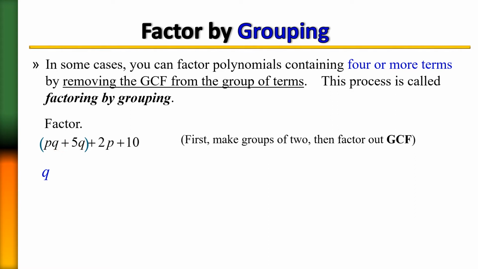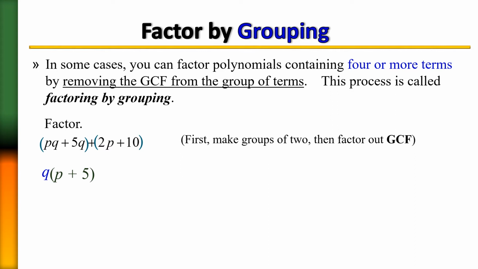And recall, when you write it, it's the GCF on the outside, and whatever is left goes in parentheses. Next, you want to focus your attention on the second group and ask, what is it that those 2 share in common? Well, 2 times 1 is 2, 2 times 5 is 10, so both terms share a 2.